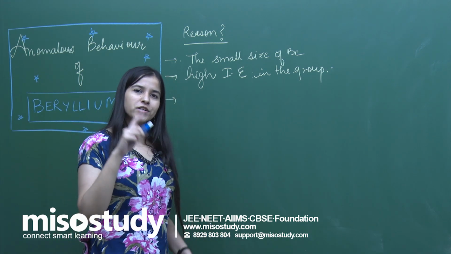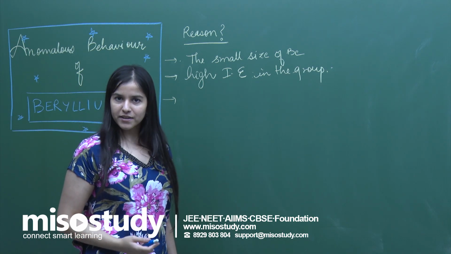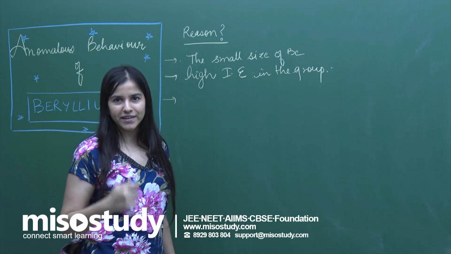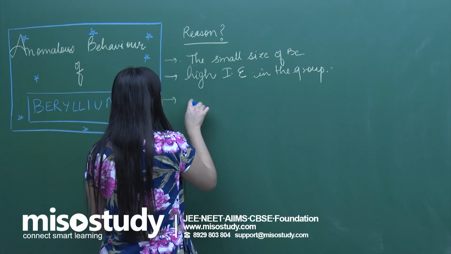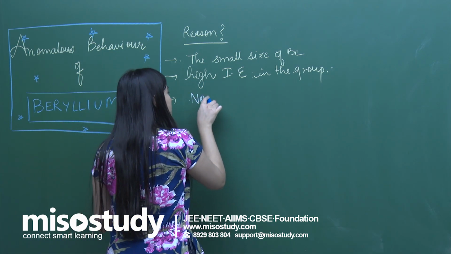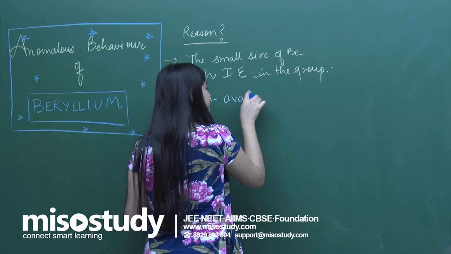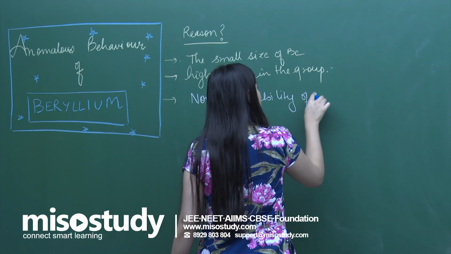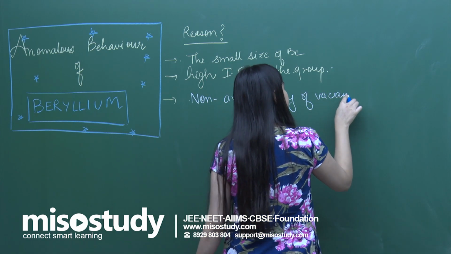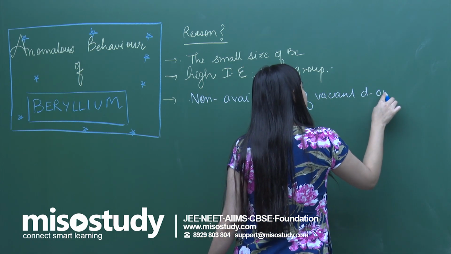Now comes up another point. Do you remember the points which we discussed in the lithium case? One of them was vacant d orbitals. Yes, that is also applicable over here, that is, the non-availability of vacant d orbitals.